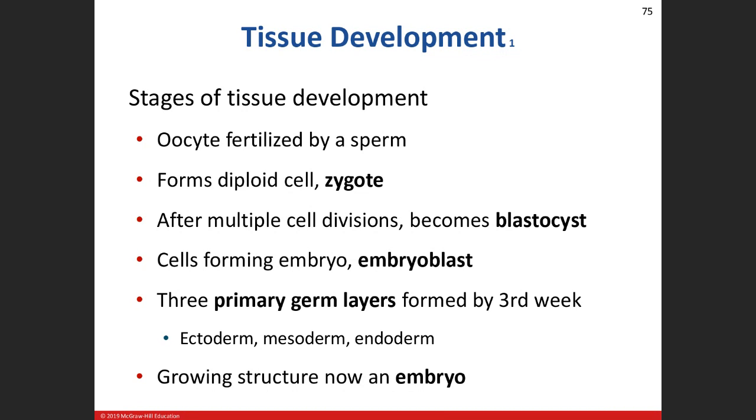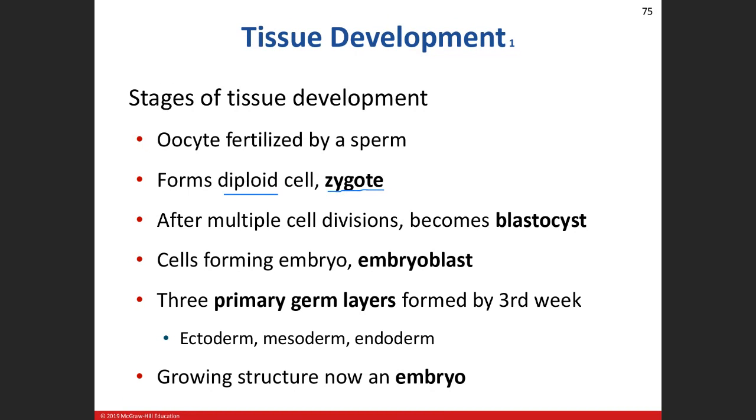Okay. So when we talk about how our tissues come about, the tissue development here, we have to start from way back in the beginning, when the sperm fertilizes the egg. Once that occurs, we get what's known as a zygote, a diploid cell, which means we have genetic material from mom and genetic material from dad, because the sperm and the oocyte, which is the egg, are haploid cells.